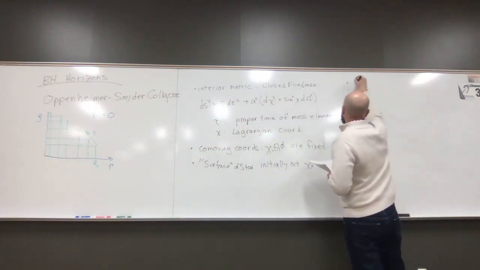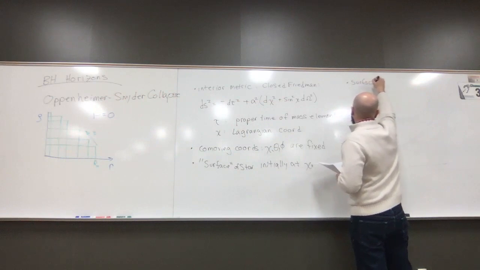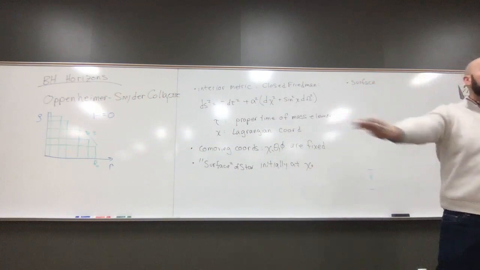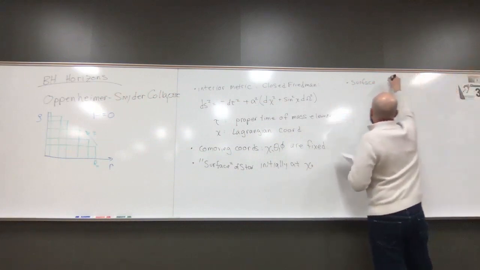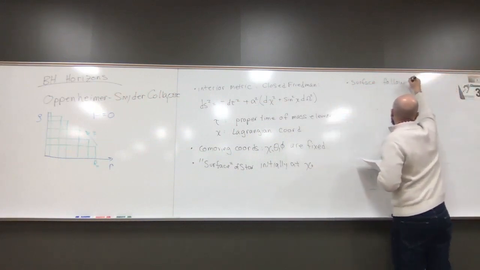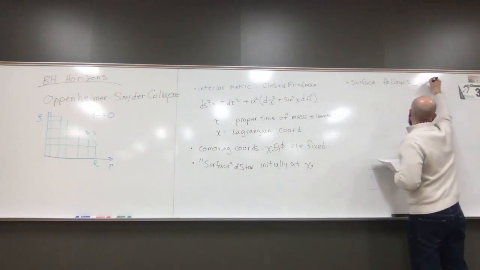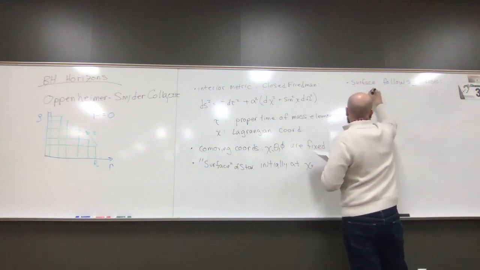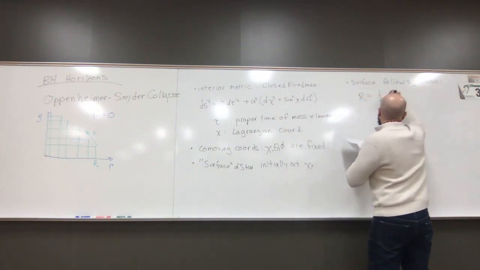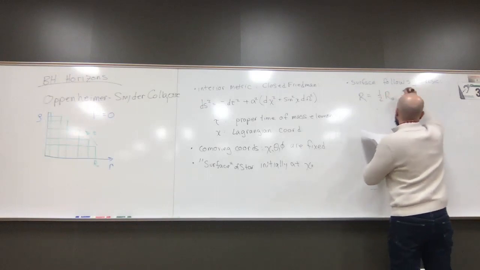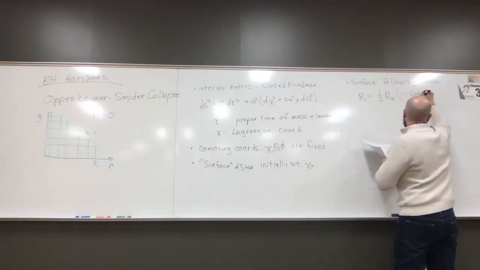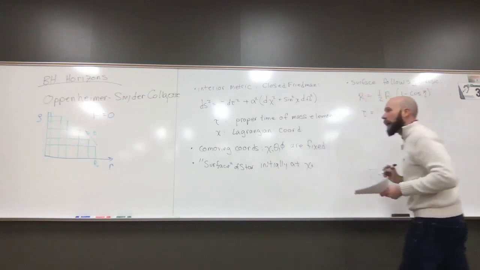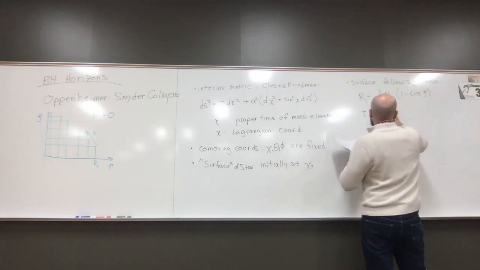And so the coordinate of the surface follows a radial geodesic on its way down. So we can solve for that as follows. R is equal to 1/2 R naught, the original radius, times 1 minus cosine of eta, which I'll define in a second, and tau, the proper time of the surface, is going to follow.